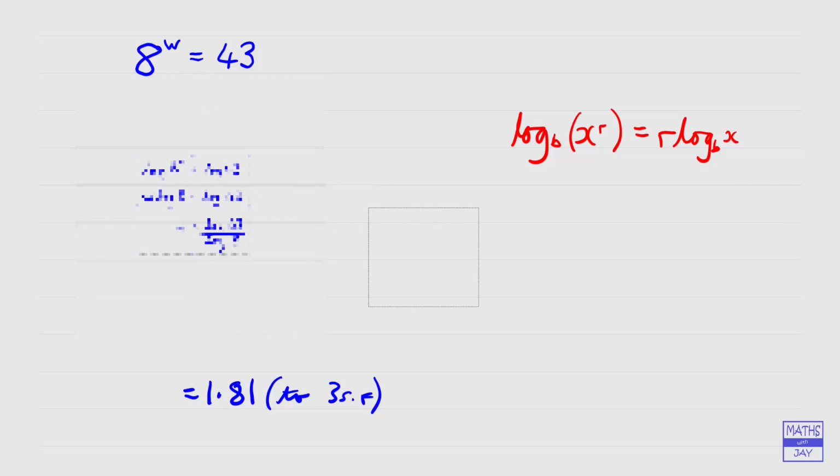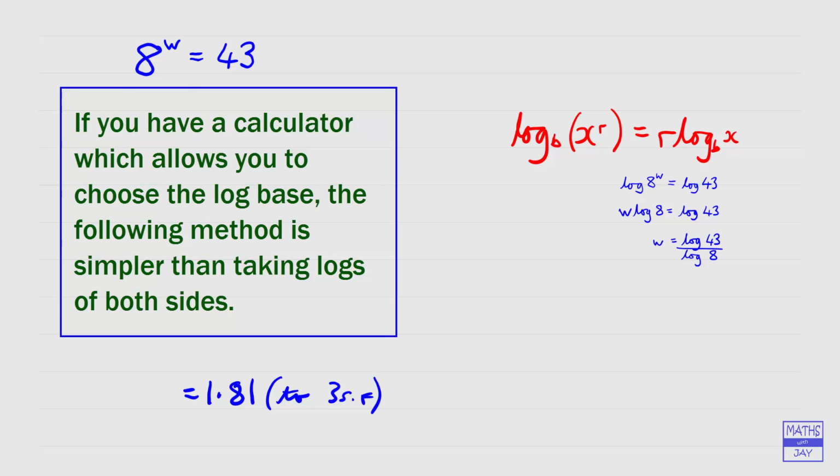So let's just move this out of the way, and let's just remind ourselves of the basic definition that we're looking at, so that we know that if x is equal to b to the power of y, then that's equivalent to saying that y is equal to the log to base b of x.